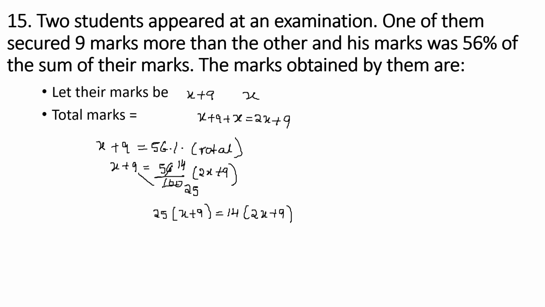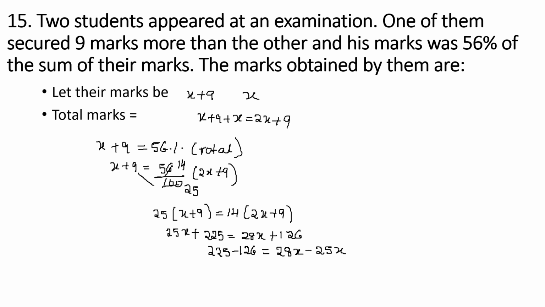So simplify this. We have 25x plus 225 is equal to 28x plus 126. Now bring the numbers together and the x terms together. We have 225 minus 126 equal to 28x minus 25x.